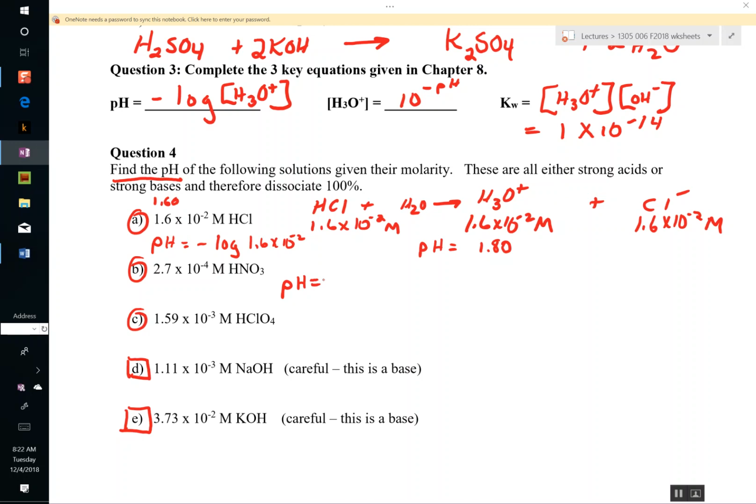Where is your EE key? How about the scientific key, like when you want to do 10 to a power? Second and then log.